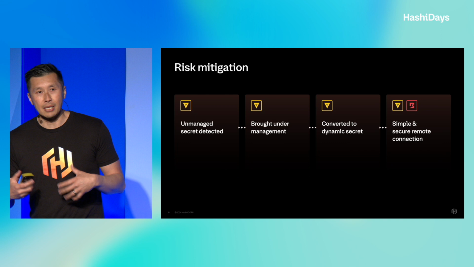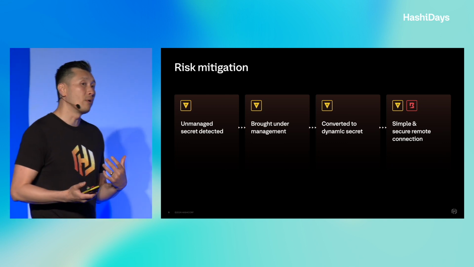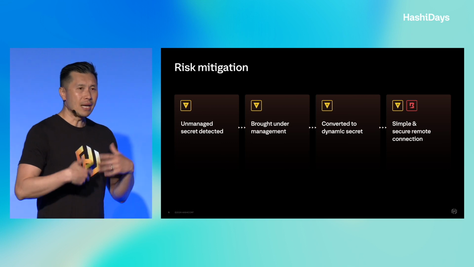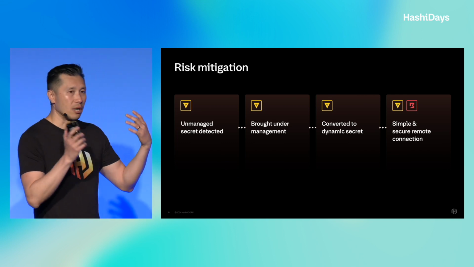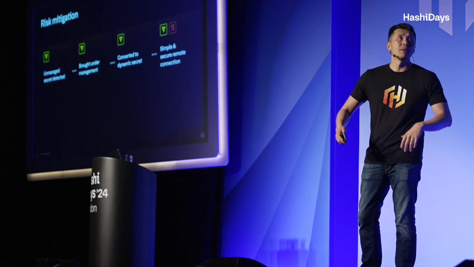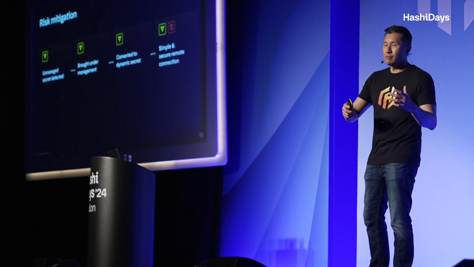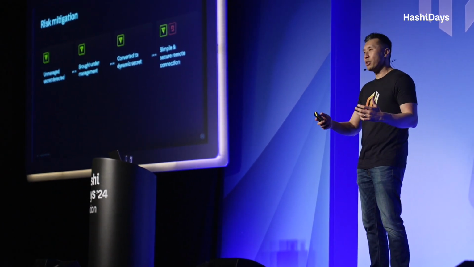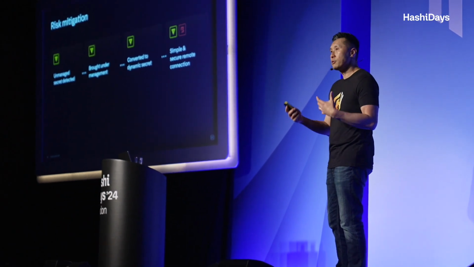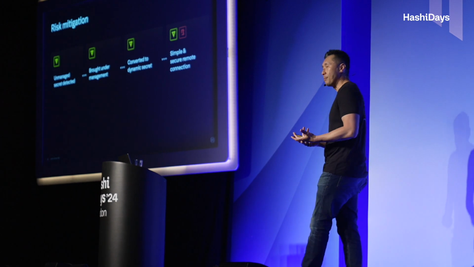So let's get into it a little bit more. I wanted to take a look at how we can use Vault and Boundary to really reduce that overall risk. We'll take an example of an organization that starts off in one place where they're very immature in terms of protecting credentials. They have a lot of unmanaged credentials all over the place. And then how they can migrate and move on with their journey to being more mature, leveraging Vault and bringing everything under a single management platform.